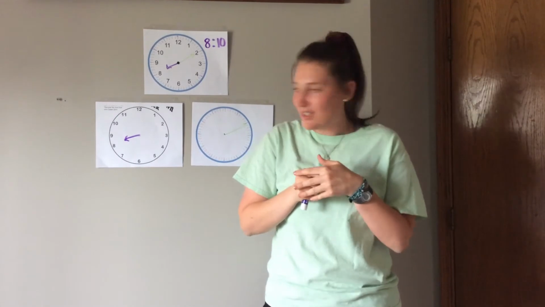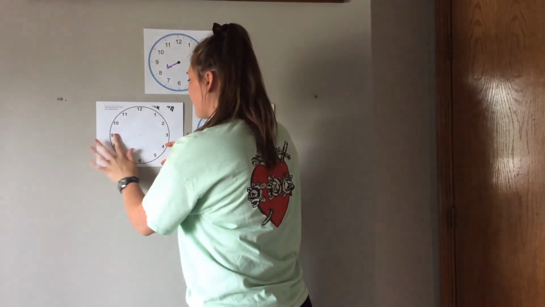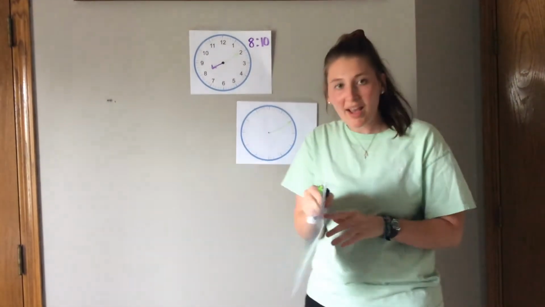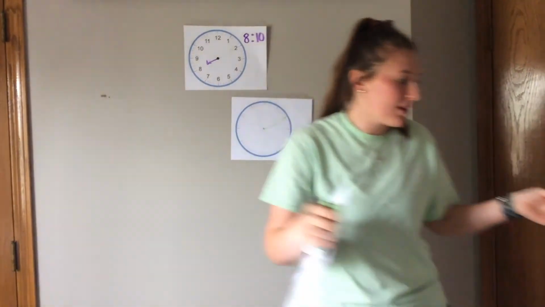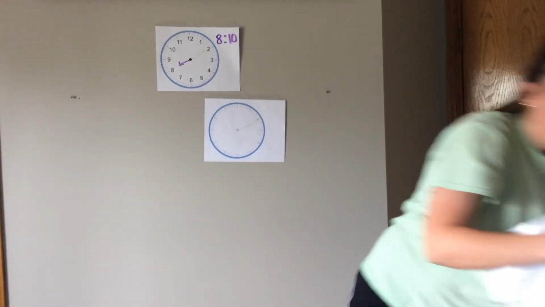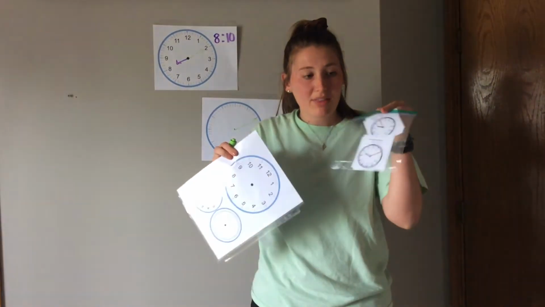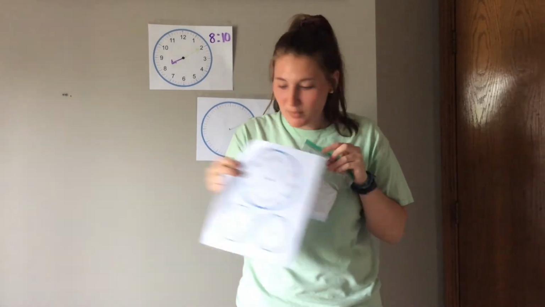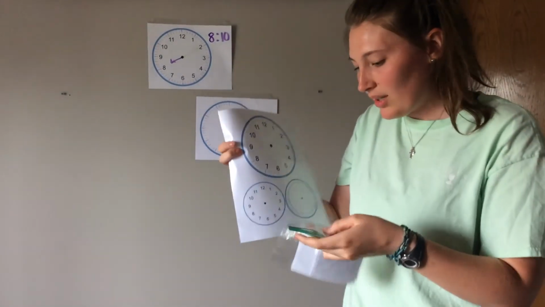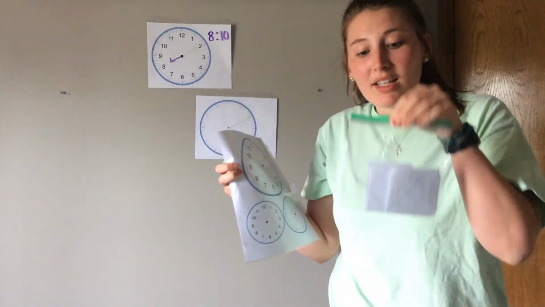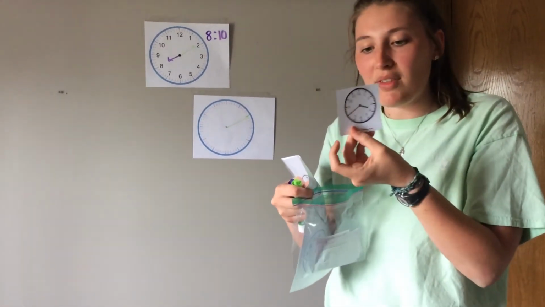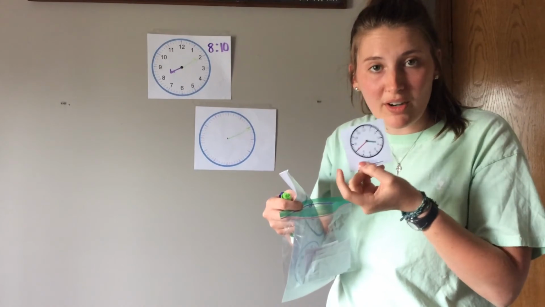Okay, so now it's time for partner practice, okay? So I am going to place you with a partner, and you guys are going to do a round robin activity. So you'll get a baggie with these clocks, and you'll get one of these sheets and a dry erase marker, okay? So what you're going to do is one partner is going to draw a clock out of here. You're not going to show your partner. That's very important.